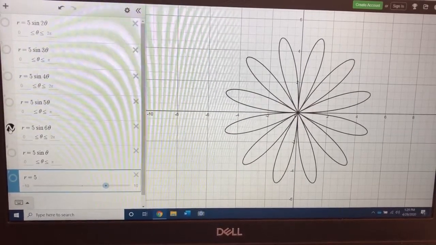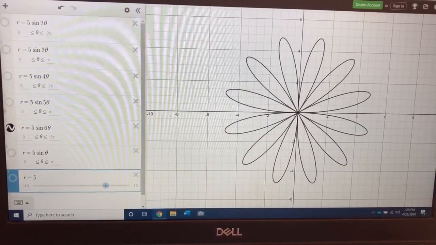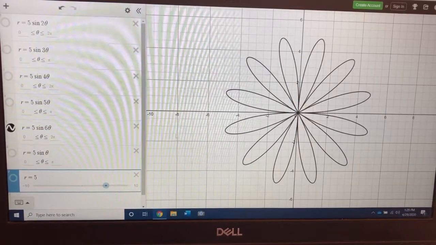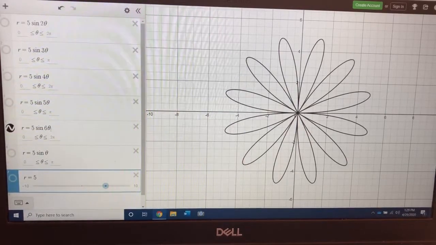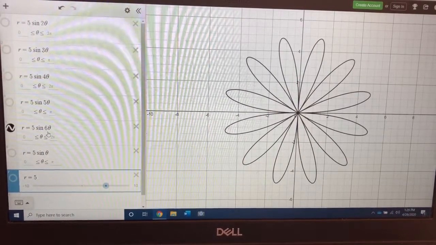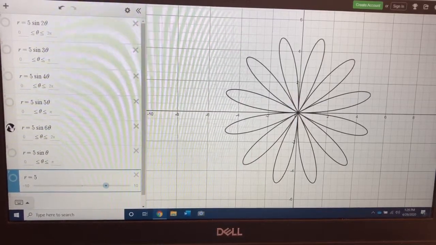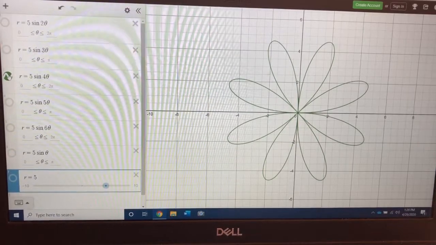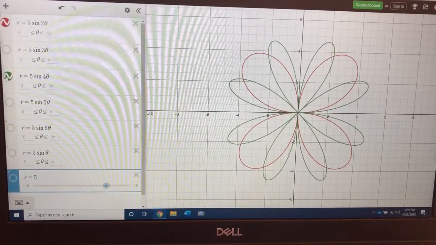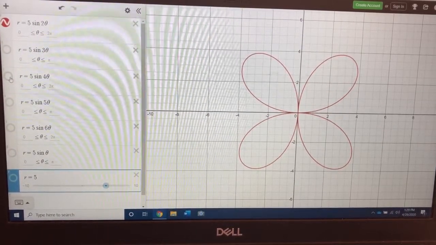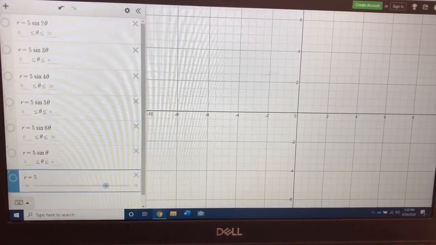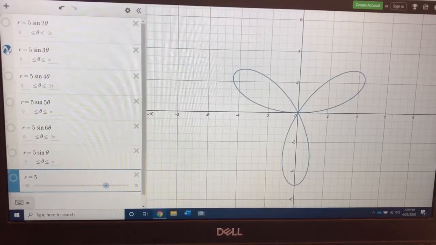So let me point out what seems to be the pattern: if the coefficient of theta is even, we have double that number of petals. Here was a 6 theta and we had 12 petals. Here was a 4 theta and we had 8 petals. Here was a 2 theta and we had 4 petals. However, when the coefficient of theta is odd, we had just that number of petals.